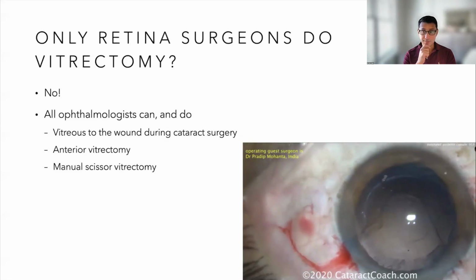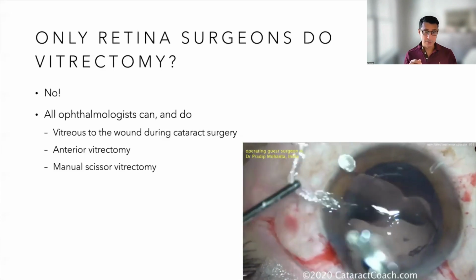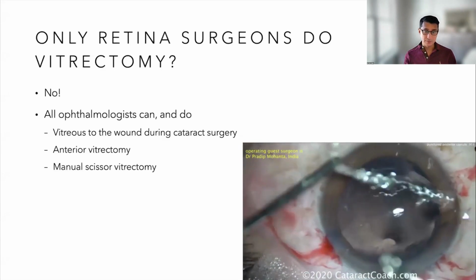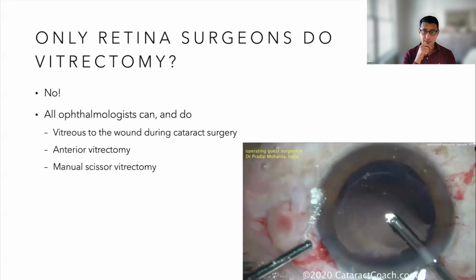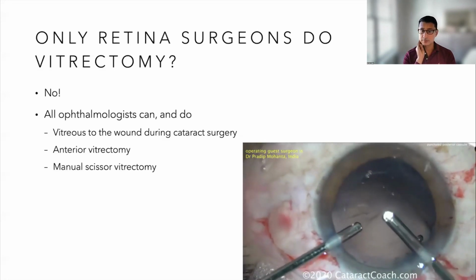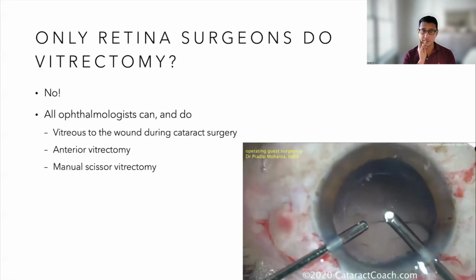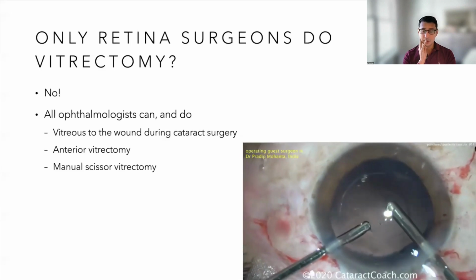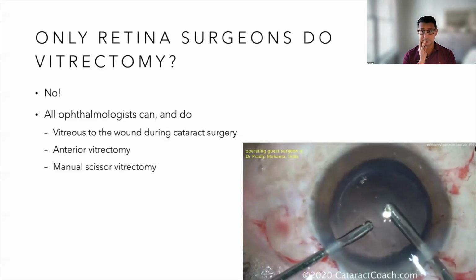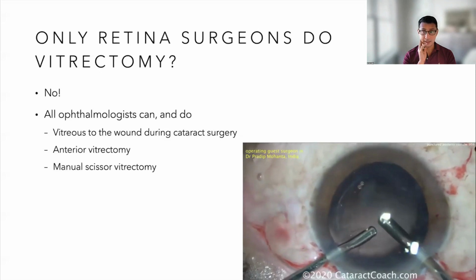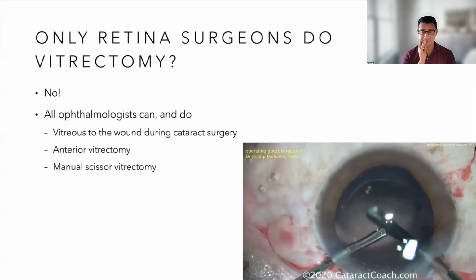So if vitreous prolapses out of the wound, we take a Weck-Cel, we grab it, we take manual scissors, we're cutting it. Are we just doing this so it's not in the anterior chamber, so that we don't have vitreous interfering with the vision, or is there more to it? Well, that vitreous goes somewhere. And we talked about its main attachments, right? It's attached at the optic nerve, it's attached at the macula, it's attached at the vitreous base.